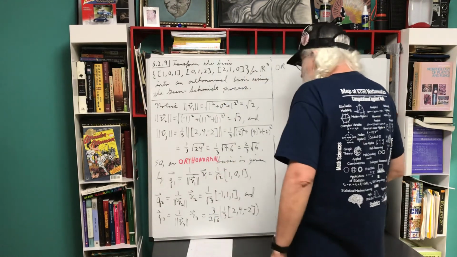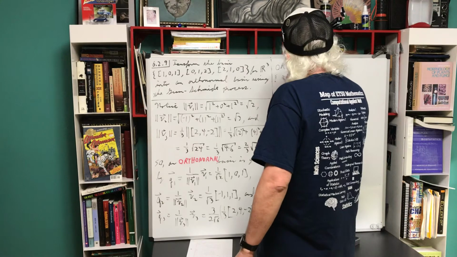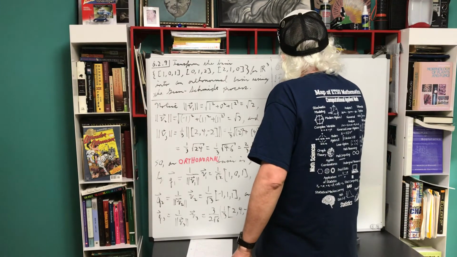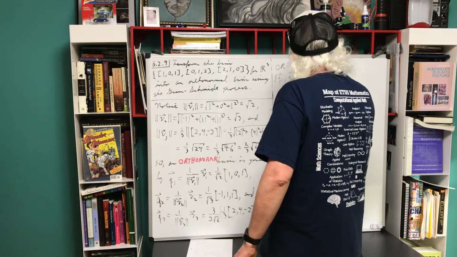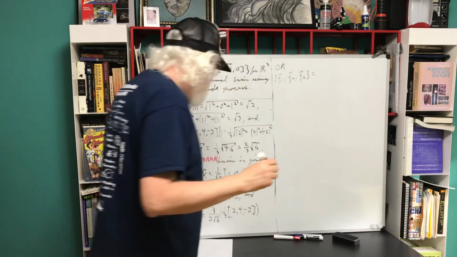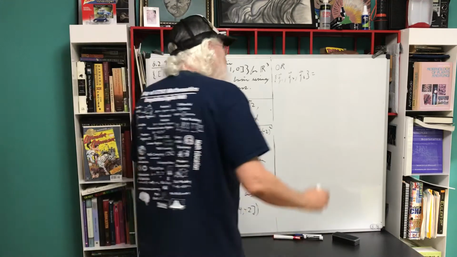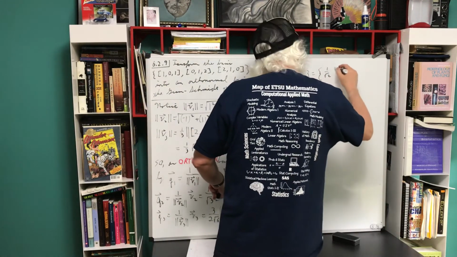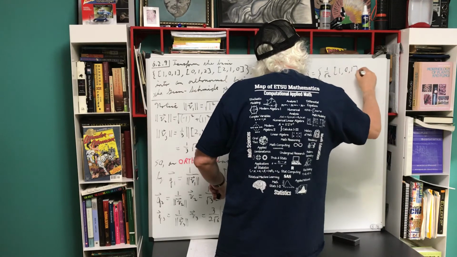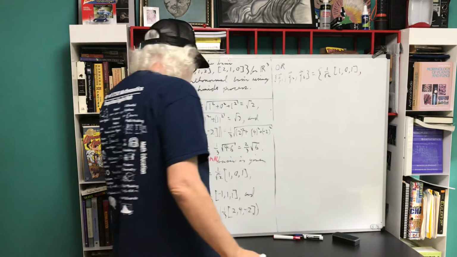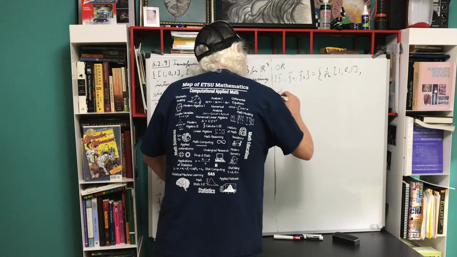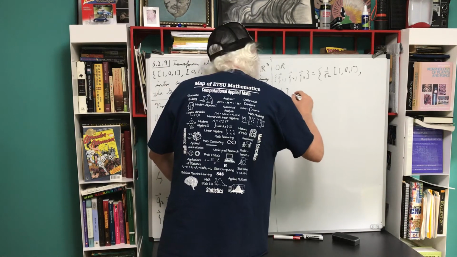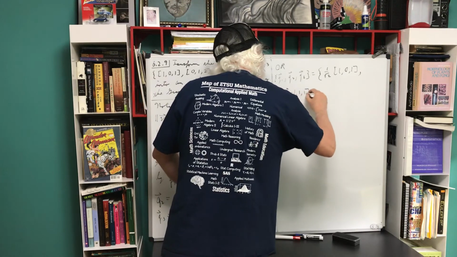So, the orthonormal basis would be the vectors q1, q2, q3. q1 is given here. That's 1 over the square root of 2, 1, 0, 1. q2 is given here: 1 over the square root of 3, negative 1, 1, 1.